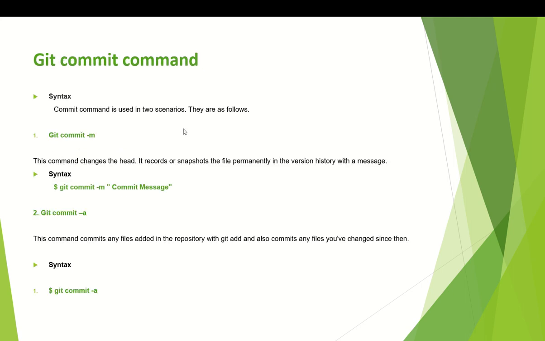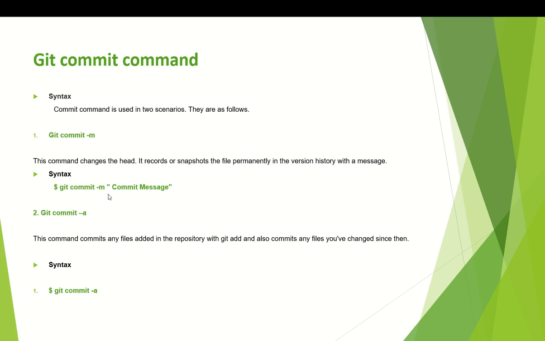Next is the git commit command. The command changes the head, and it records or snapshots the file permanently into the version history with a message. With the version history, it will save the files in the local repository. Whenever it saves the file, it records three things: who made the change, what is the mail ID, and at what time and date it was done.